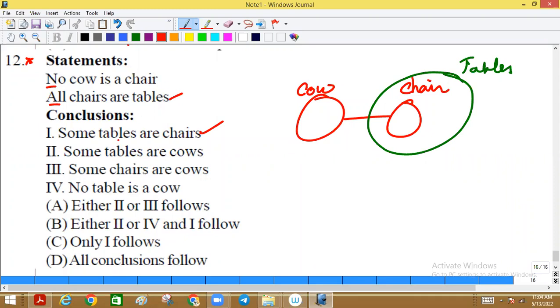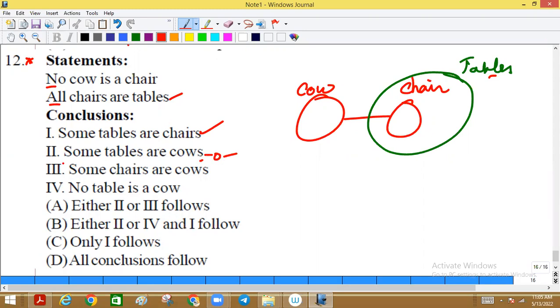You don't know the relation. When you don't know the relation, how can you say no? Your answer should be I don't know. You can't say no. So that is the reason this is neutral, because I don't know.